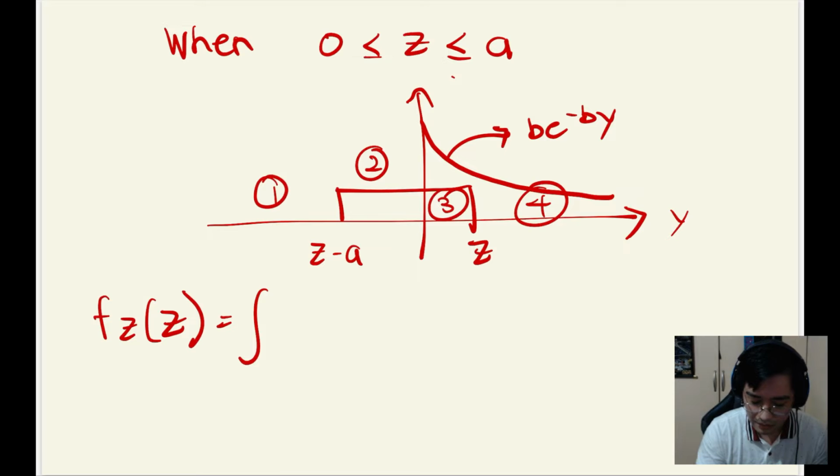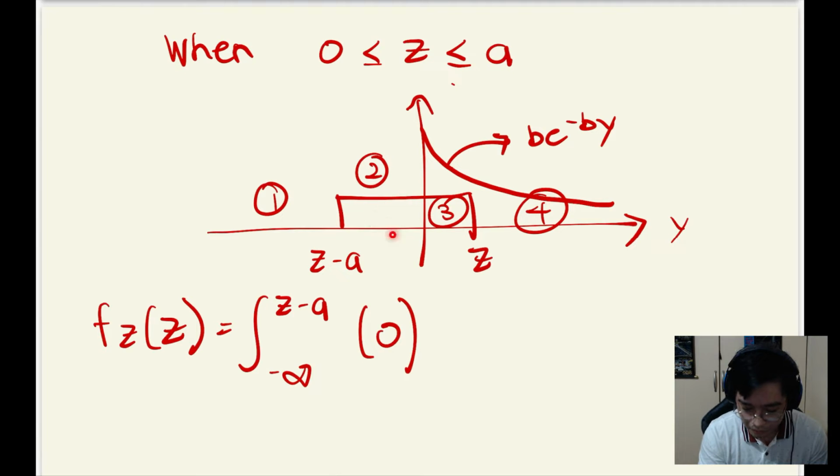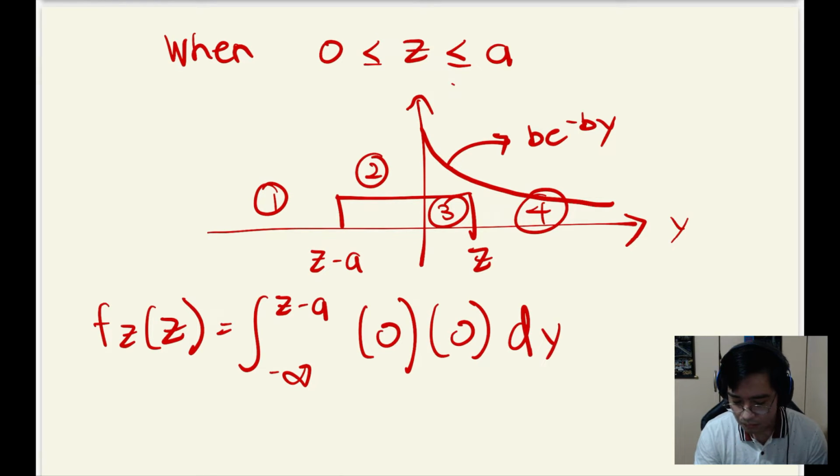In region 1, the integral is from negative infinity to z minus a, and we multiply the value of the functions in that interval. The probability distribution function of y in this region is equal to 0, and the probability distribution function of x in this interval is 0, integrated over y. So this is region 1, and we know this to be 0, obviously, right?